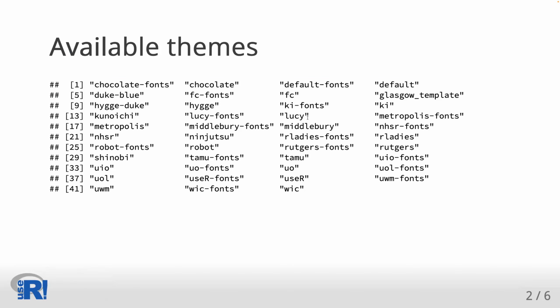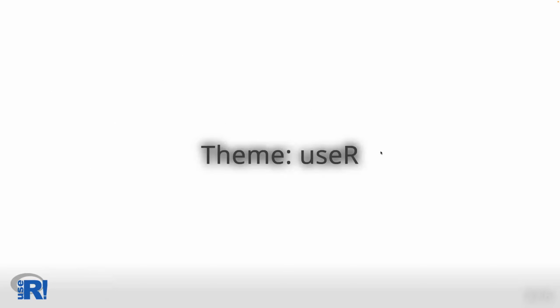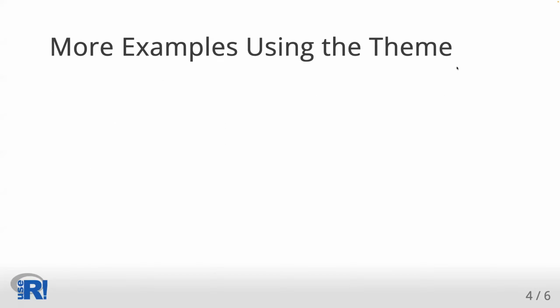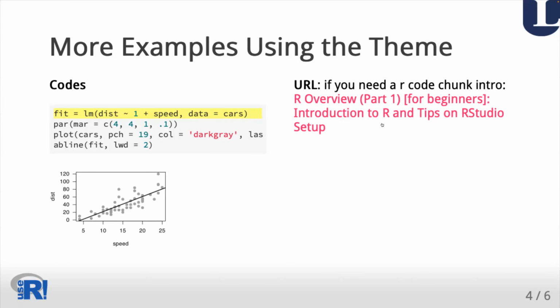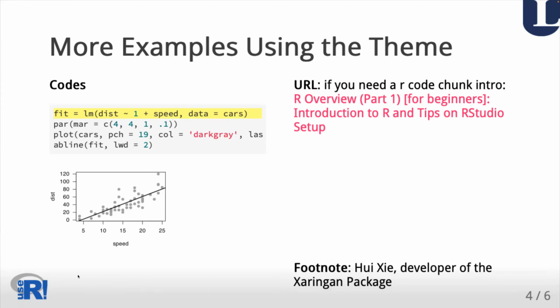And then the theme is called Use R. And it has those shades for section title, while a normal black font for a slide title. That's the logo. This is the code. The URL, I think, is the same as the default, and footnote. It does have a place for you to insert your logo, I think, on each regular slide. Let's see what's next.